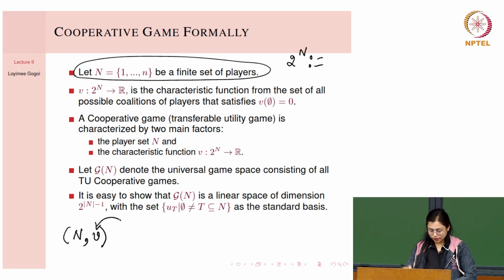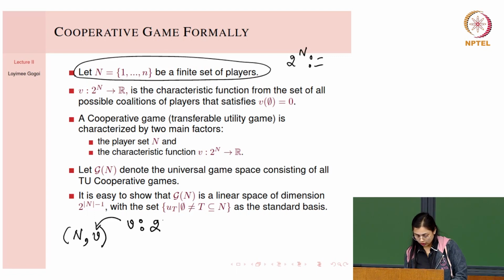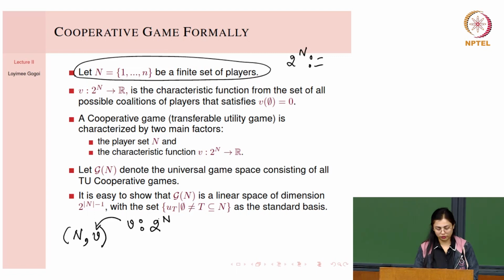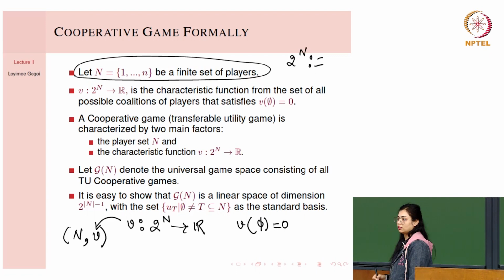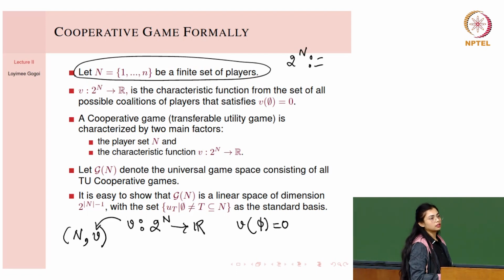But once the coalitions are formed, we define a function v. What is the domain here? The set of all coalitions. It's a real-valued function with the restriction that v of the empty coalition is 0.